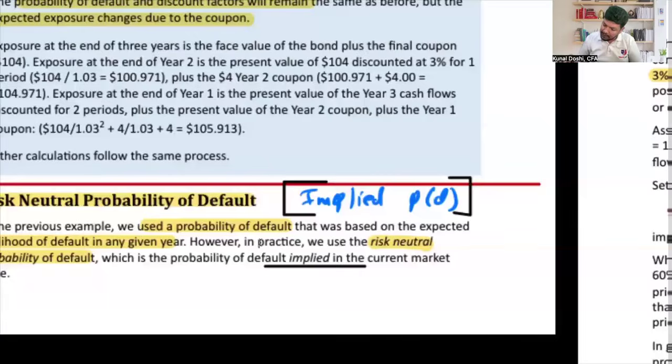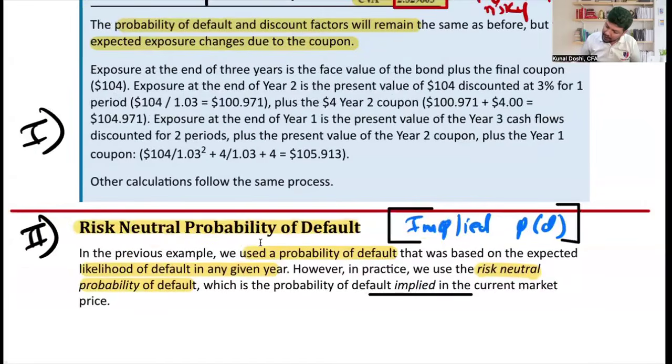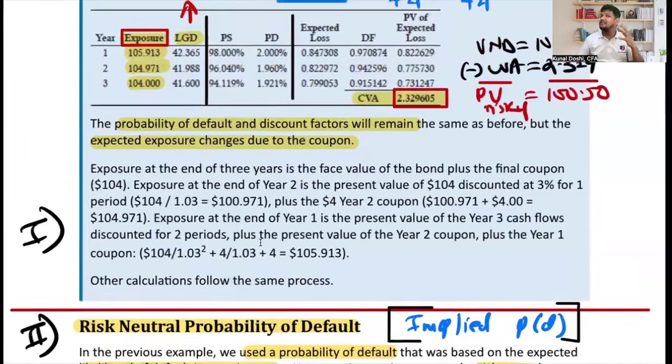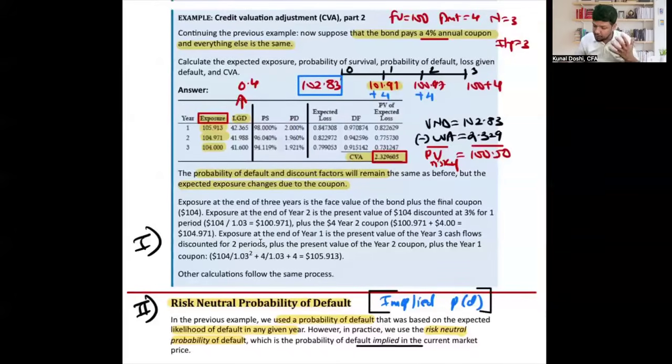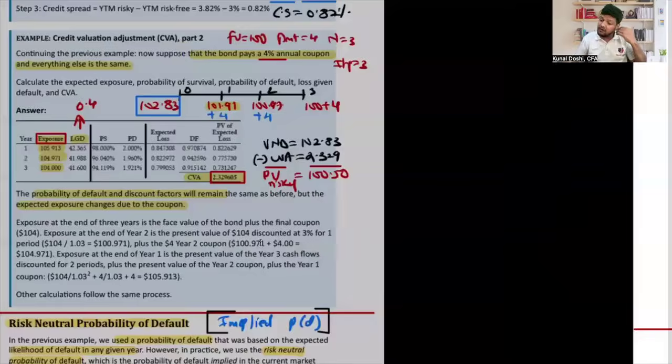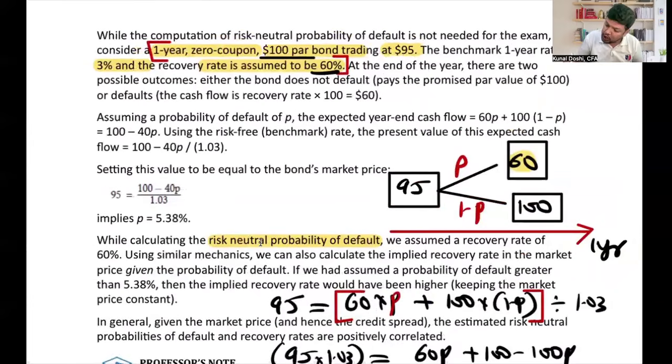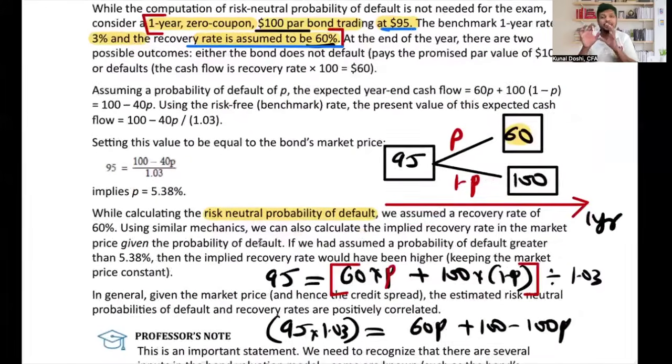So what is implied probability of default? Generally, we assume a hypothetical probability of default here. But if I want to find the probability, say they've given that the bond is currently trading at 95 and the recovery rate is 60%, meaning you will get $60 if the bond defaults.